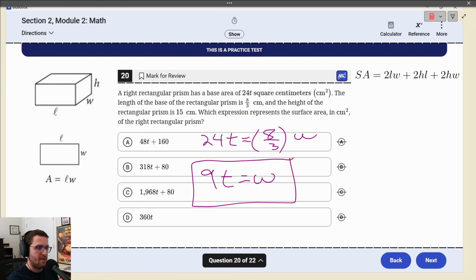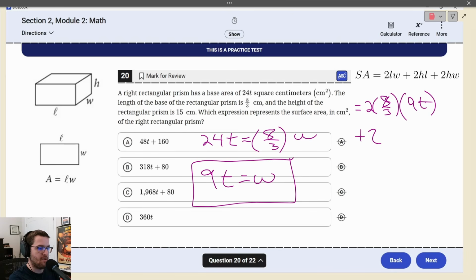So now we can just put this in everywhere. If you wanted to, length times width, that's equal to the area of the base, so you could swap that out. But I'm not gonna, just for the sake of everyone being on the same page. Let's just have it match the formula. So we've got 2 times length. We said that's 8/3. That's in the question, right? And then the width is 9t.